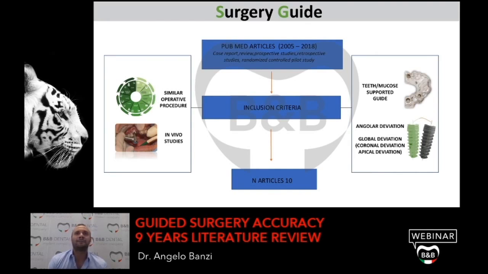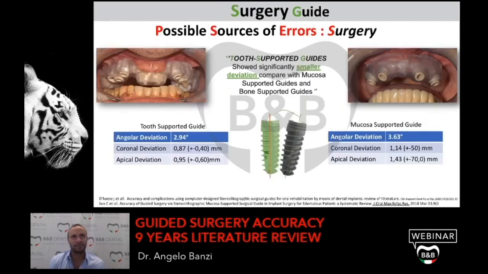What I was looking for was an article with a similar operative procedure, in vivo studies, teeth and mucosa supported guide, and all the studies that bring information about the angular deviation and the global deviation.